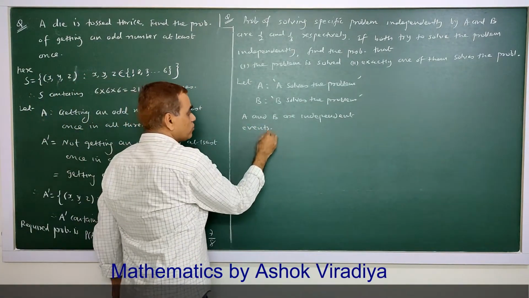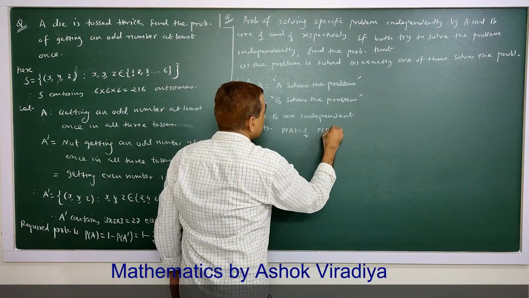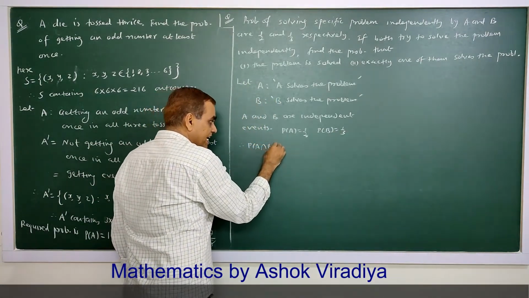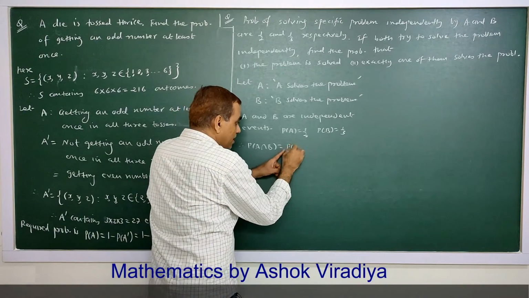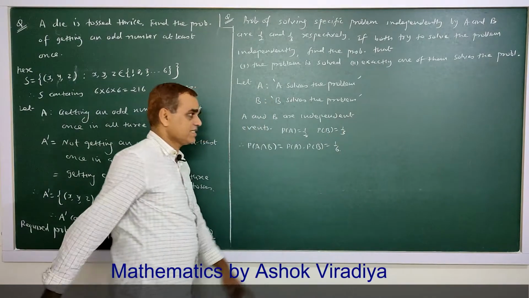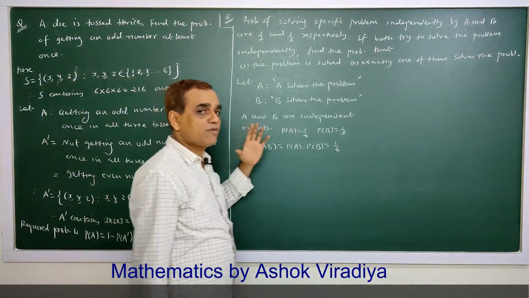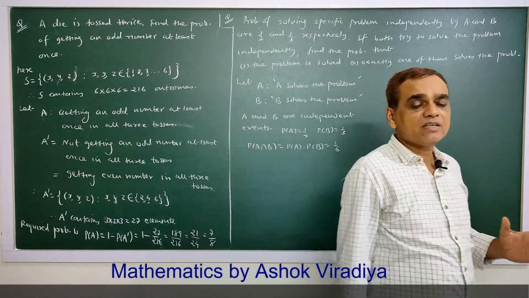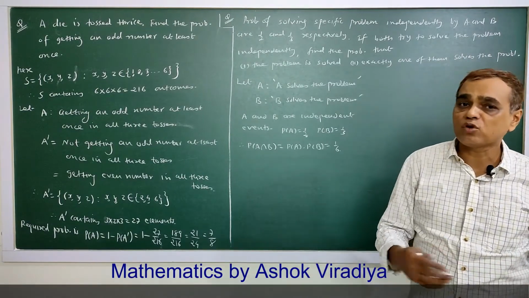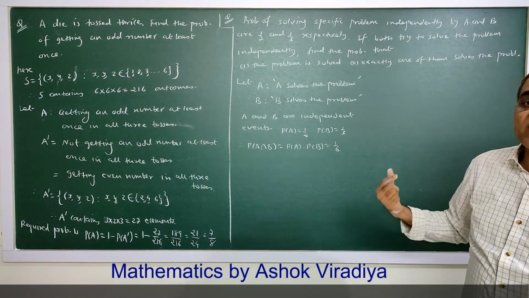Probability of A is 1 by 2. Probability of B is 1 by 3. Because these are independent events, probability of A intersection B is probability of A times probability of B, that is 1 by 6. So in such types of stories, when 2 or 3 students are solving a problem or a puzzle, such stories are stories of independent events.